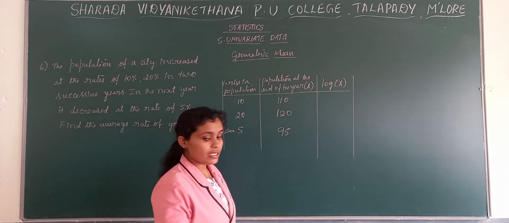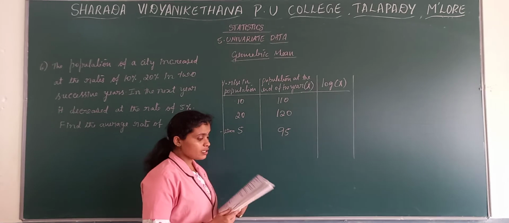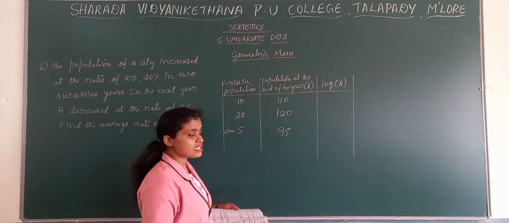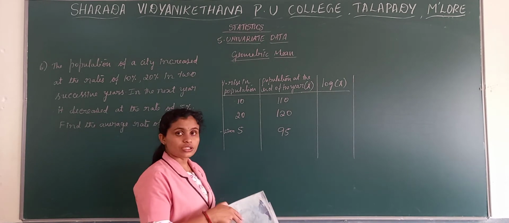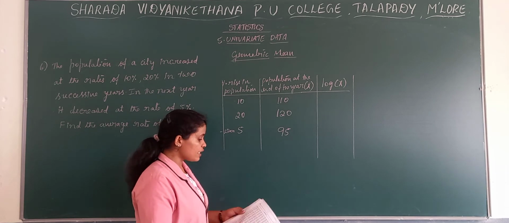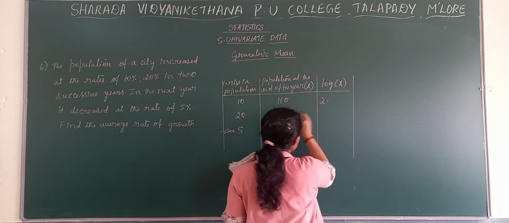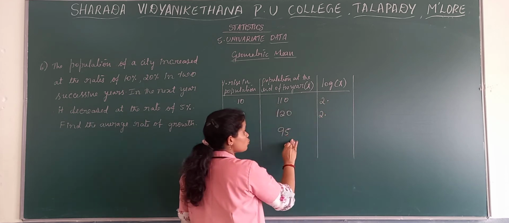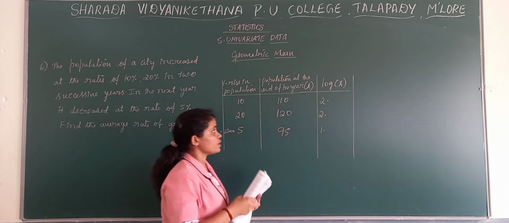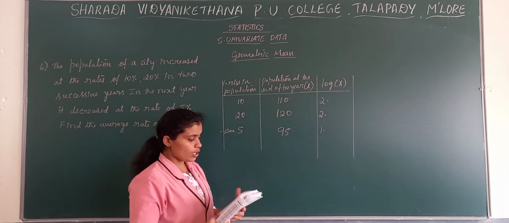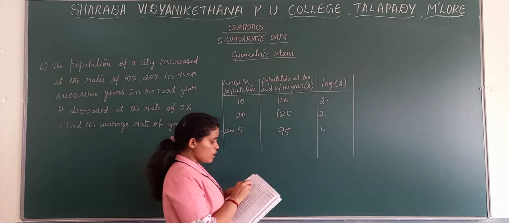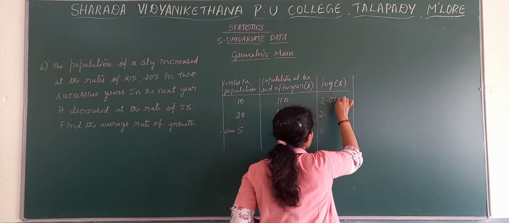Now take the log of x. Before that write the characteristics. 3 digits are there, so 3 minus 1 we get 1. 3 digits, so 2 point. Here also 2 point. Here 2 digits, so here it is 1 point. 110 log column: 0, 4, 1, 4.